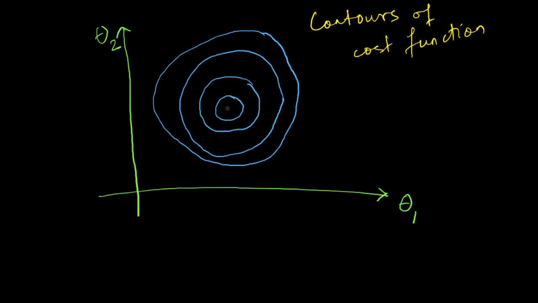And let's say this is your value for theta 1 star and theta 2 star, where your cost function takes a minimum. This line represents a particular value of the cost function. This represents another value of the cost function, this is another value and this is another value. And as you go out, the cost function value increases, which means C4 is larger than C3, is larger than C2, is larger than C1.